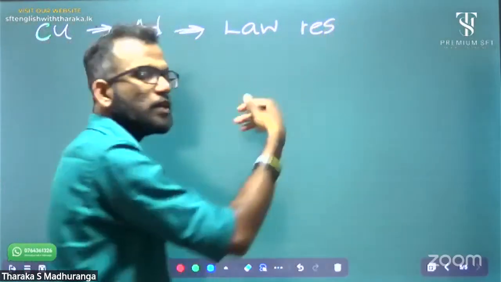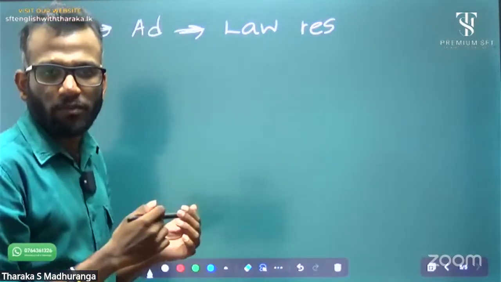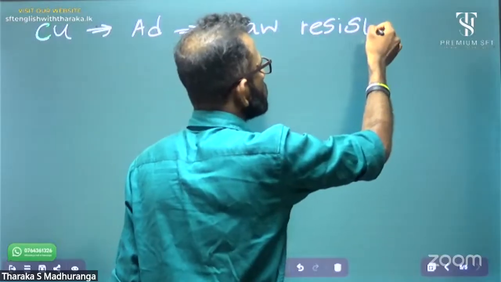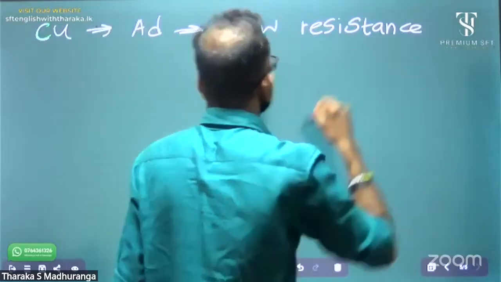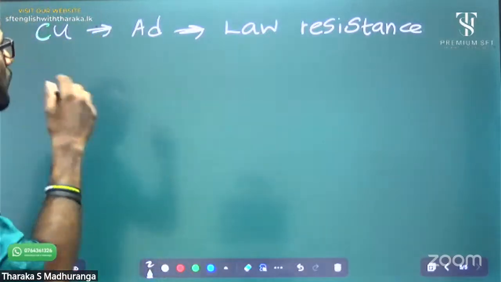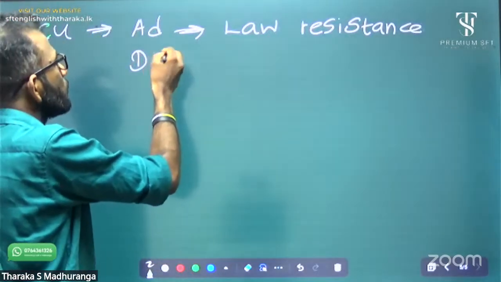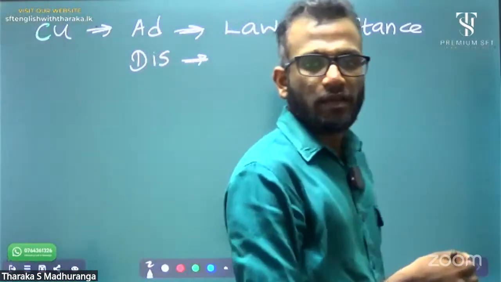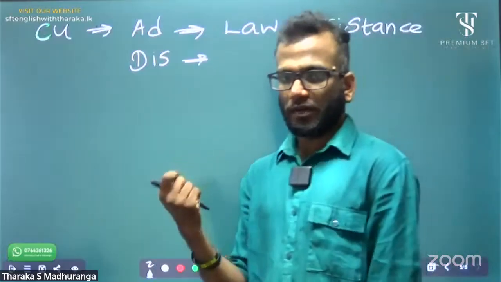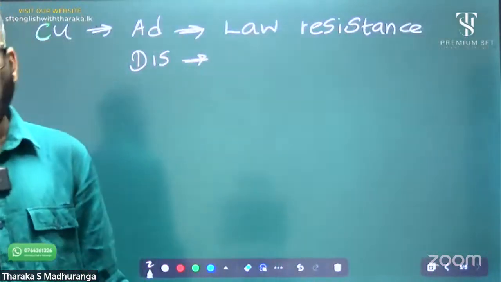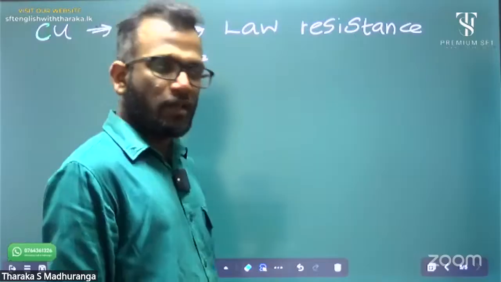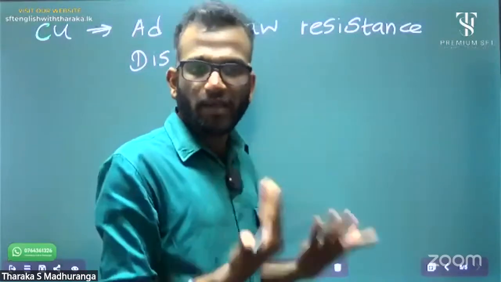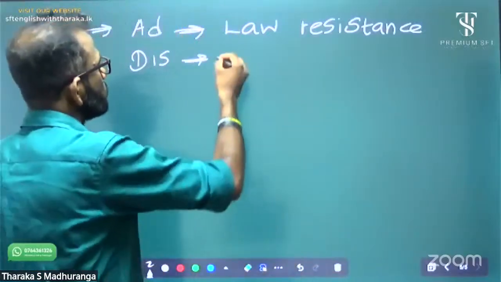Low resistance means energy lost and heating loss are very low. What is the disadvantage? The main disadvantage of copper wire is that it is highly expensive. Very low resistance but very expensive.